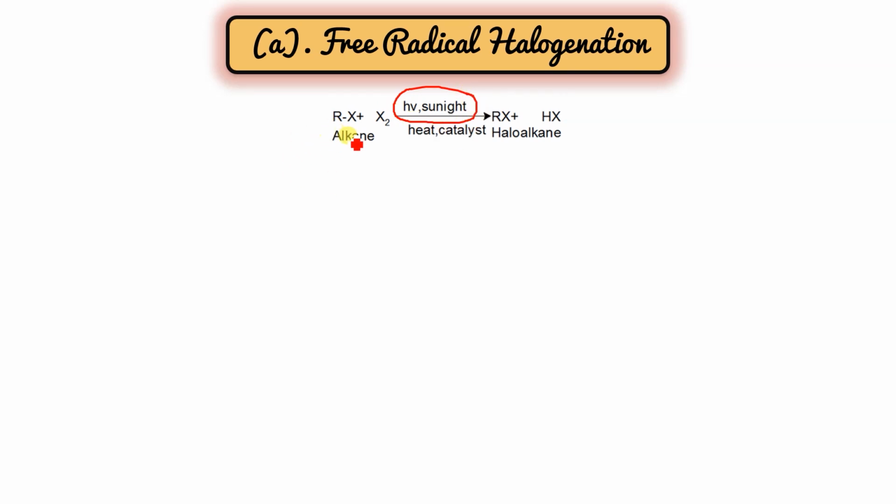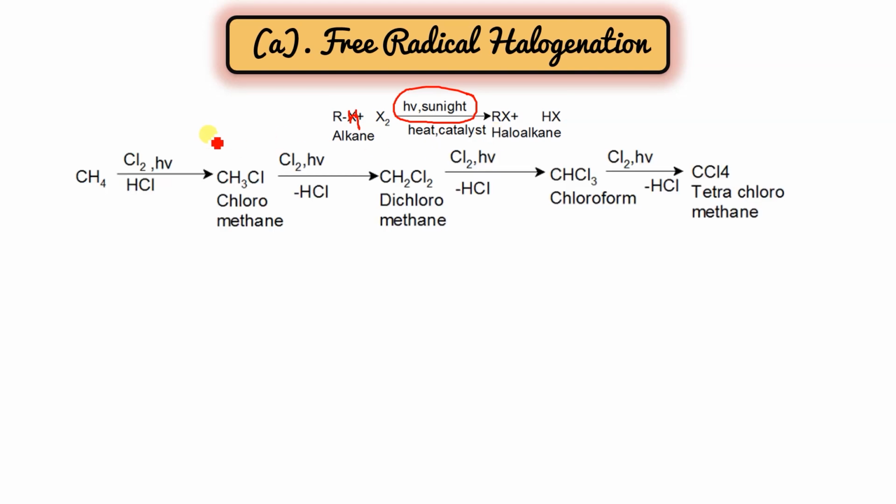When the alkane, this is RH, reacts with halogen in presence of h nu sunlight, it gives RX. If excess of alkyl halide will be there, it will give you the mixture of primary, secondary, tertiary, quaternary. Got it? I made a mistake over here.